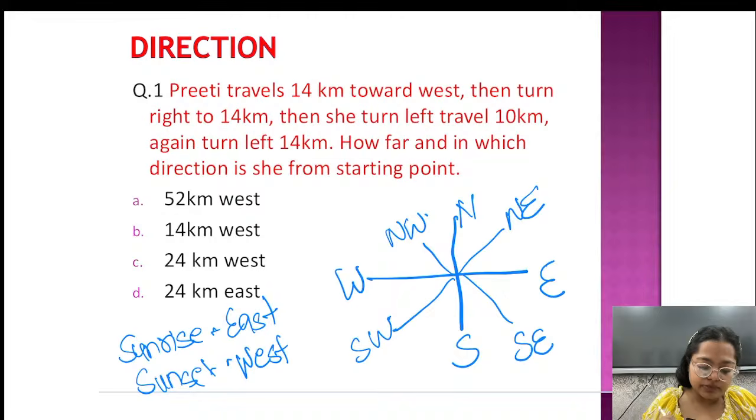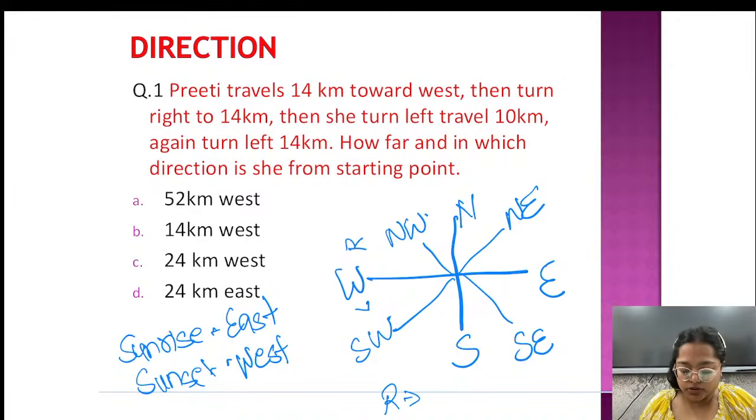Now sometimes a question says the person turns to the right side or left side. So first we have to learn where the right side and left side are when solving questions of turning. Okay, so this is the right turn, this is the left turn. Whenever we move towards the right turn, it is always a clockwise direction.